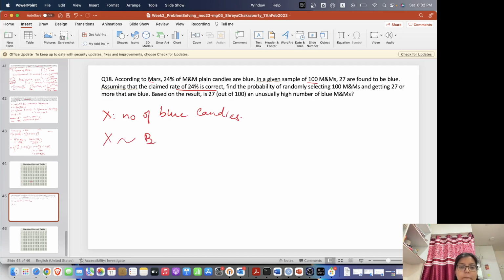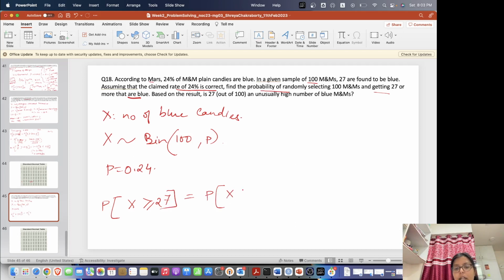This follows binomial 100 and p, where p is the claimed rate, that is 0.24. So we have to find the probability of getting 27 or more that are blue. Probability X greater than or equal to 27. Applying continuity correction, probability X greater than 26.5.